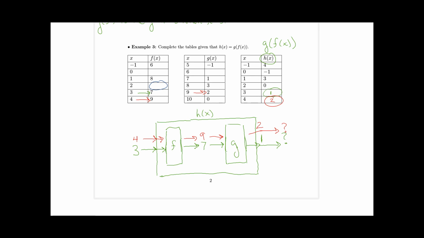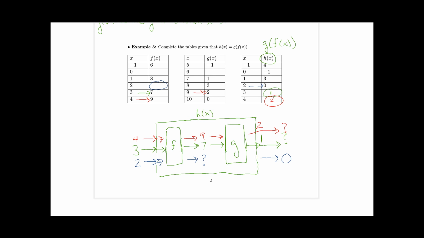Okay, so we're saying I want to send 2 into F. What comes out the other side of F? Well, the thing that we do know is that if you're sending 2 into F, you're necessarily also sending it into the big function, right? Into H. So do we know what H does to 2? Yes, we do. We know that in the end, it spits out a 0, right? From this table up here. But guess what?